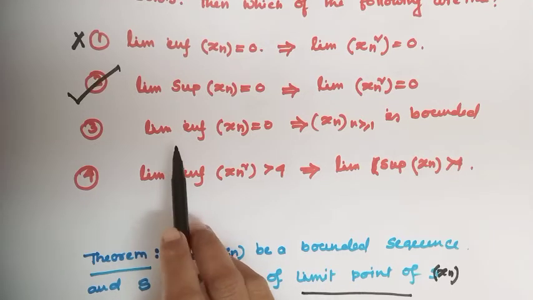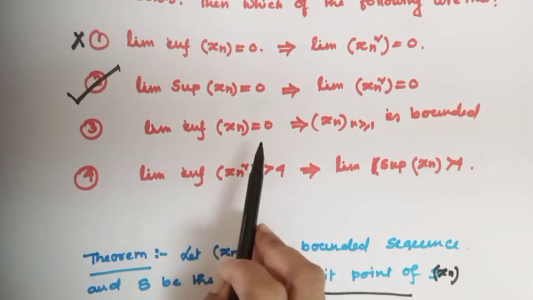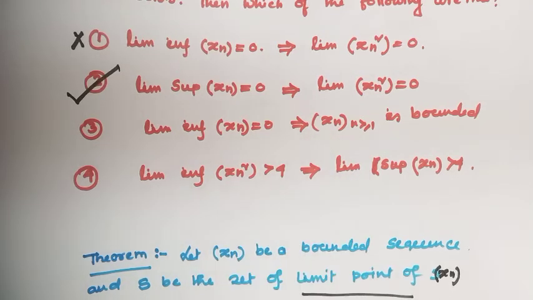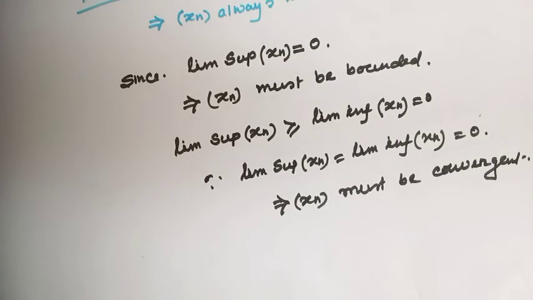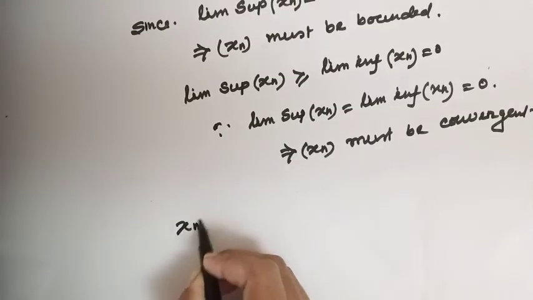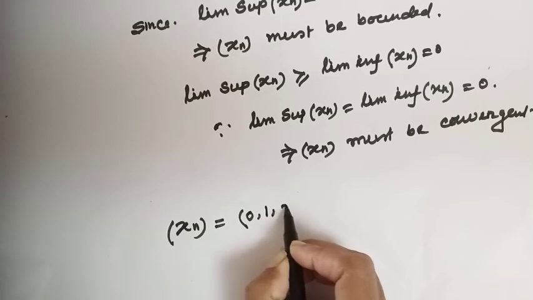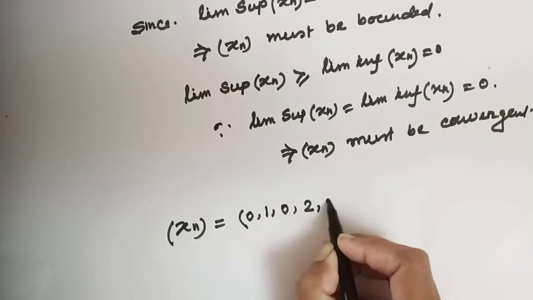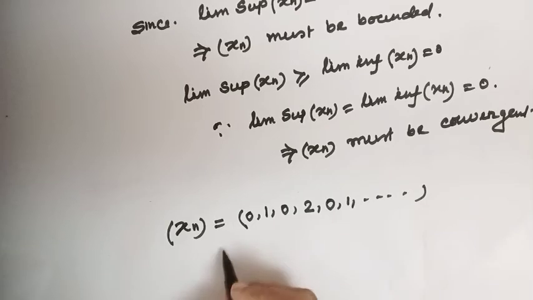Now let's come back to option 3. Option 3 is limit inferior of xn equal to 0 implies xn is a bounded sequence. Is it true? Just think. If we consider a sequence xn equal to 0, 1, 0, 2, 0, 1, and so on. What is limit inferior of xn?